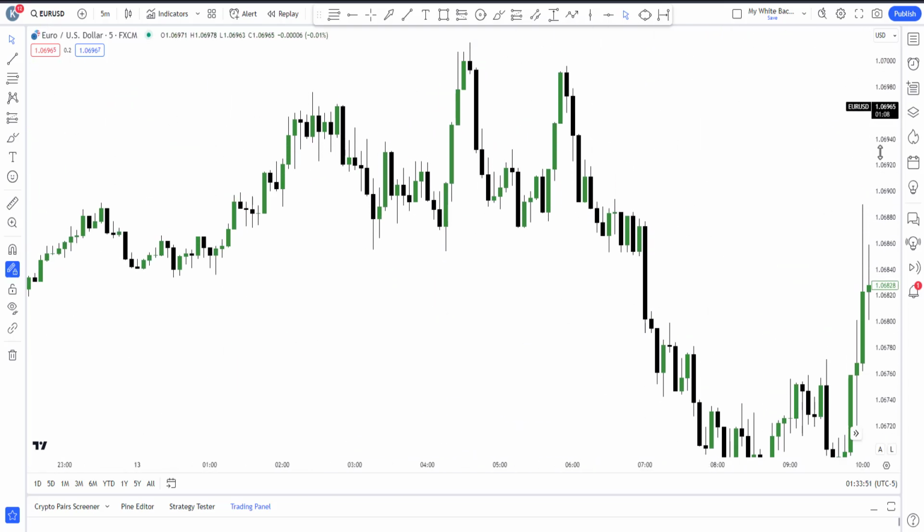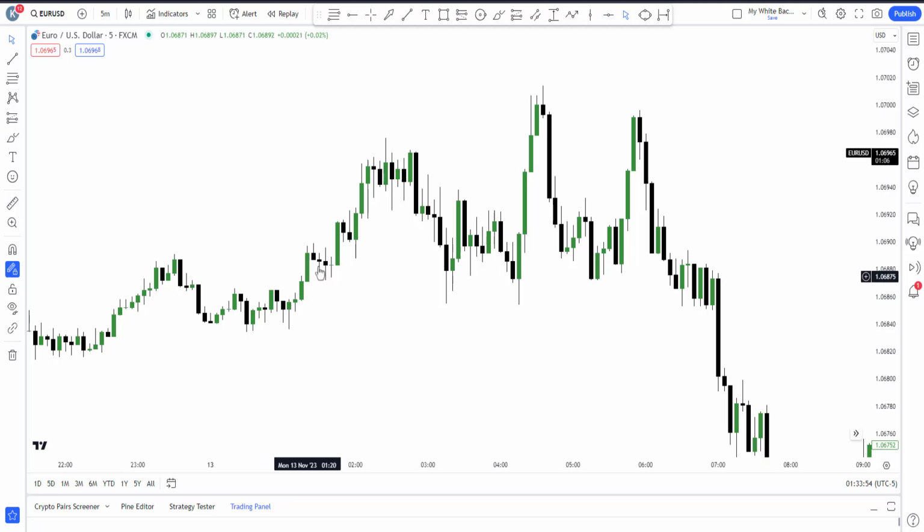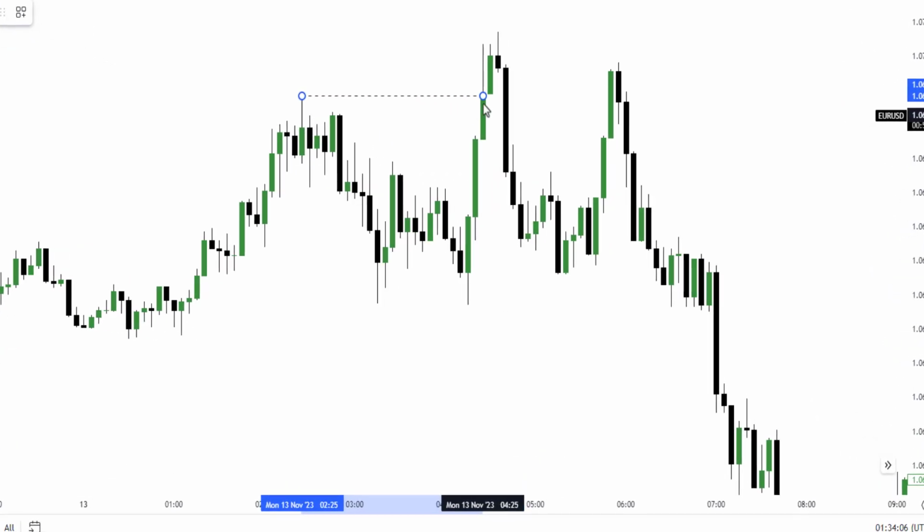All right, so look at this. Price was coming up, and it had a high here. This is the highest level price came to. As price pushed up from here, it pushed up to this area, creating a breakout structure, which was the last sell candle. This guy was the last sell candle.